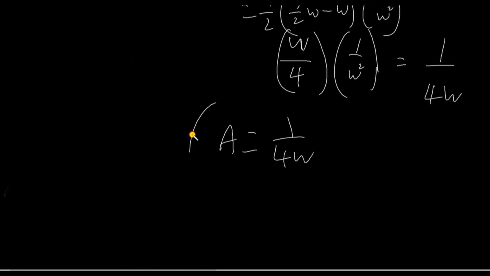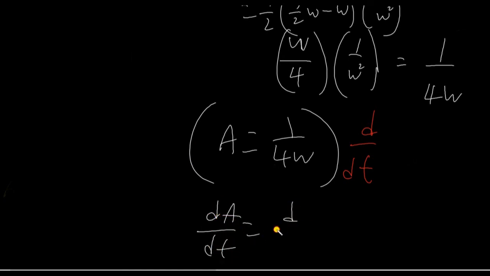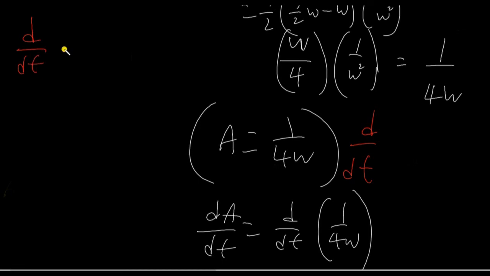And then remember, I want to take the derivative of this with respect to time, because we want to find how much the area is changing with respect to time at a certain point, right? So if I take the derivative of this, I'll get dA/dt is equal to the derivative of 1 over 4w, right? And let's do the 1 over 4w part in a separate section. So I can pull out the 1/4. I'll get d/dt of 1 over w, or w to the negative 1.